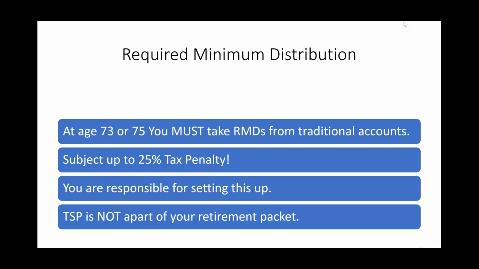You don't need any more money, your TSP is still growing, whatever the situation is. But then all of a sudden, the IRS knocks on your door and says, hey, we see that you're taking $12,000 a year out. But because you have this amount of money in your TSP left, you need to start taking out $30,000 a year. What do you think that additional, call it $20,000, is going to do to your tax bracket?